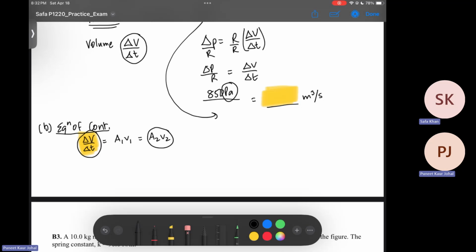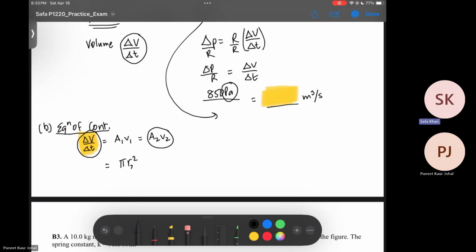Then area 2 is just going to be the area of the tube, which is pi over 4 d squared. Or, never mind, you could just do pi r squared because you have the radius, not diameter.